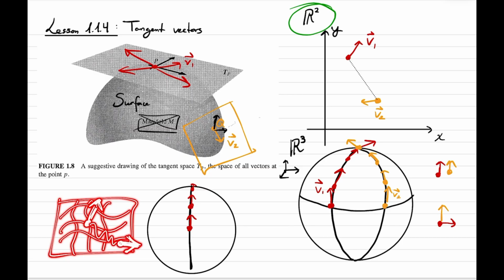So from the 2D view, it seems like magic, because you are dragging the vector and it spontaneously begins to change along the path.